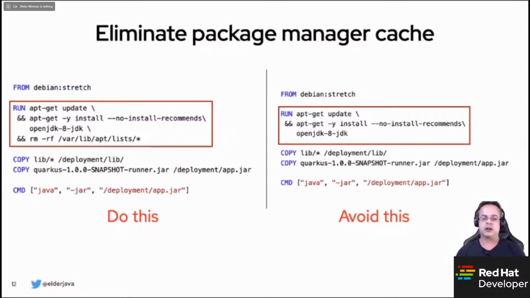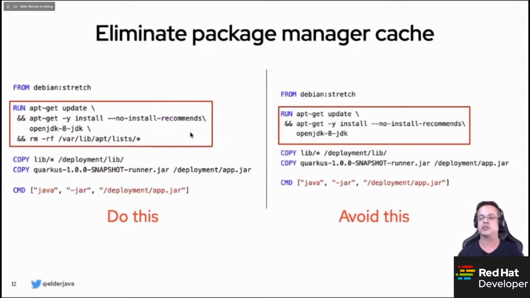And as we are talking here about installing packages and updating, when you run apt-get update and install, you have the cache of the package manager, not the cache of your container, but the cache of your package manager. So in the same command where you are running the install and the update, you should also remove the cache.